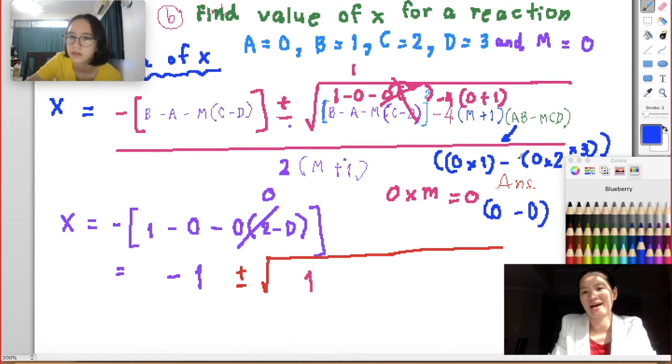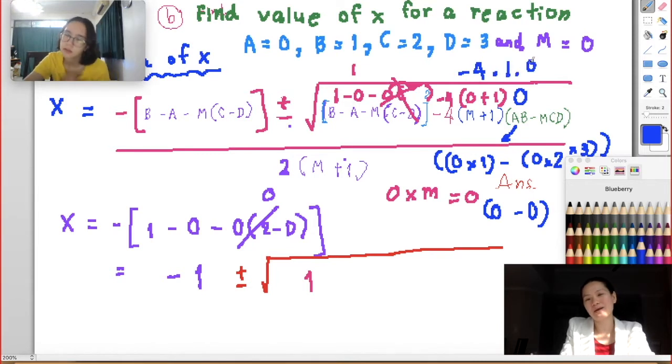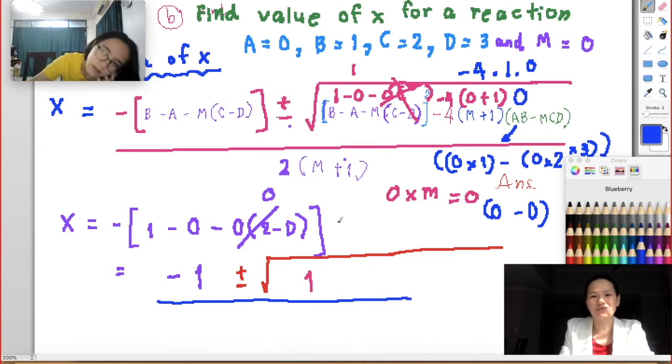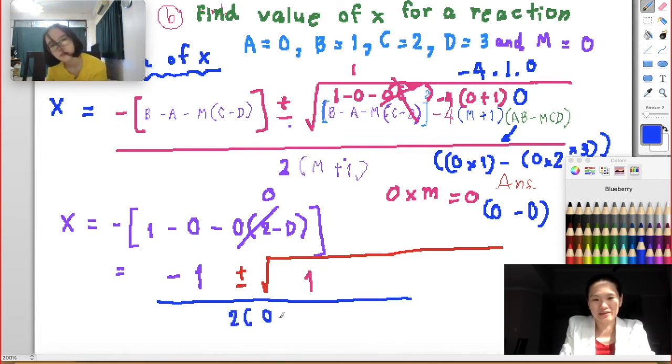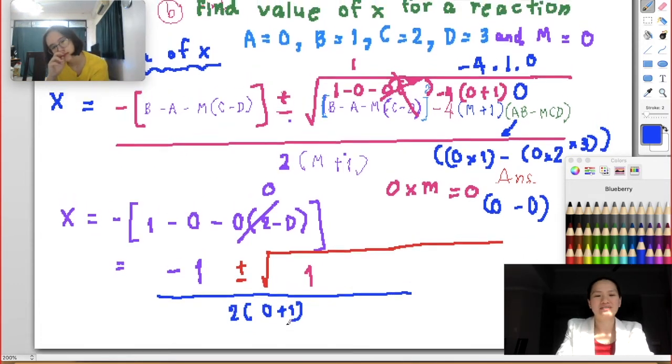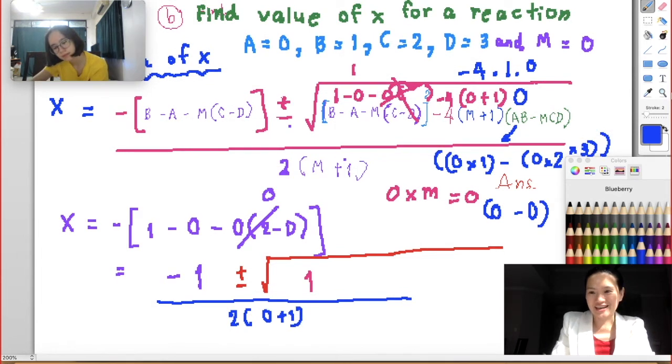So this term I get 0. Negative 4 multiplied with 1 multiplied with 0 is 0 anyway. So 1 minus 0 is 1. Then divided by 2, 0 plus 1.